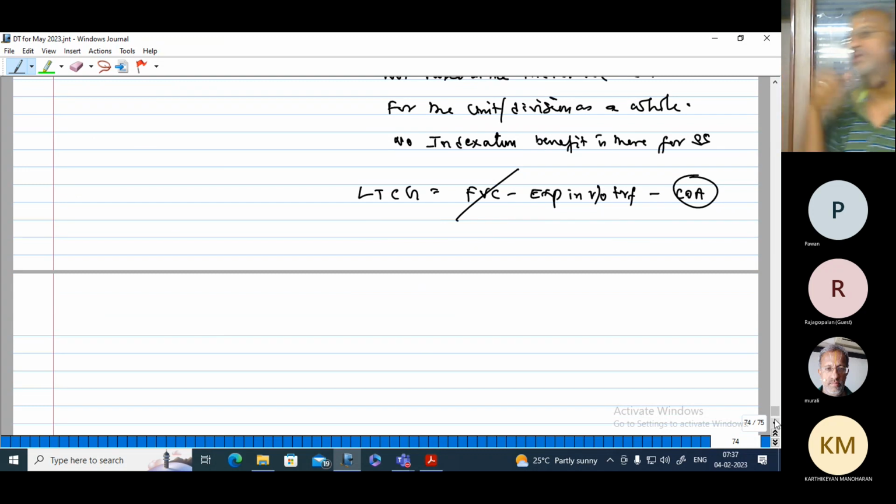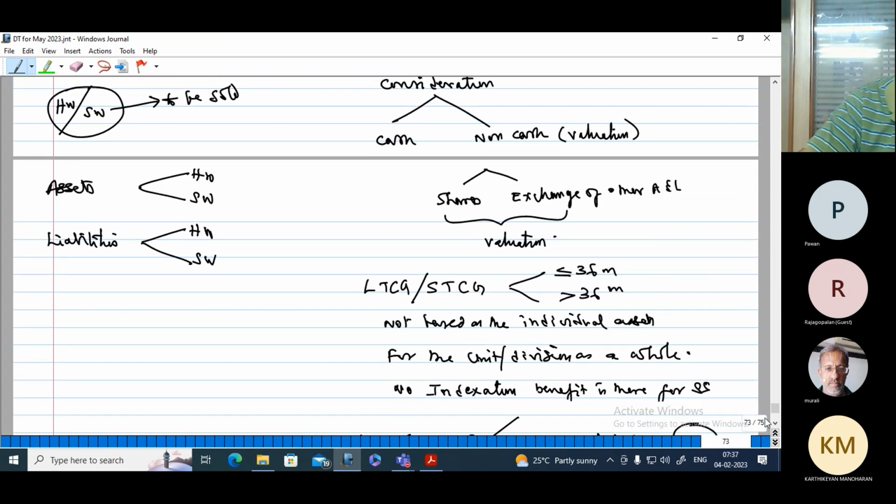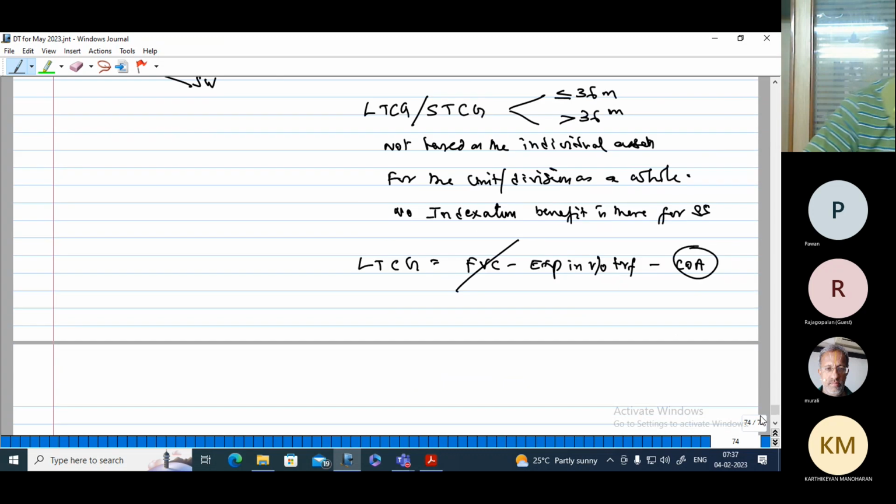Now, what is cost of acquisition? How do we arrive at cost of acquisition? There are two items that you have. So it is notional both for sale value and notional for cost of acquisition also. Both are notional.